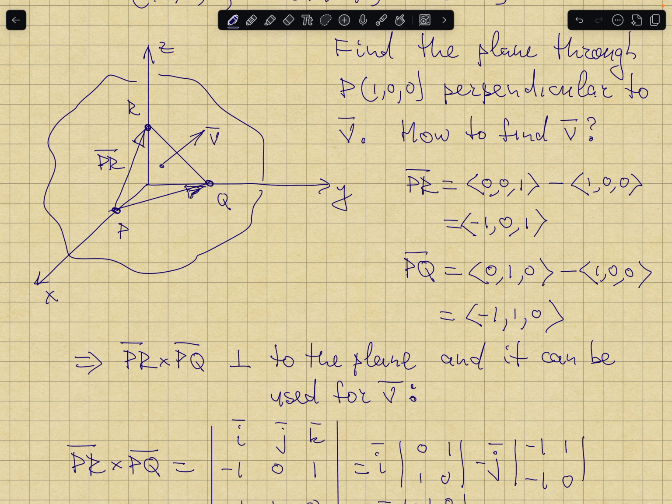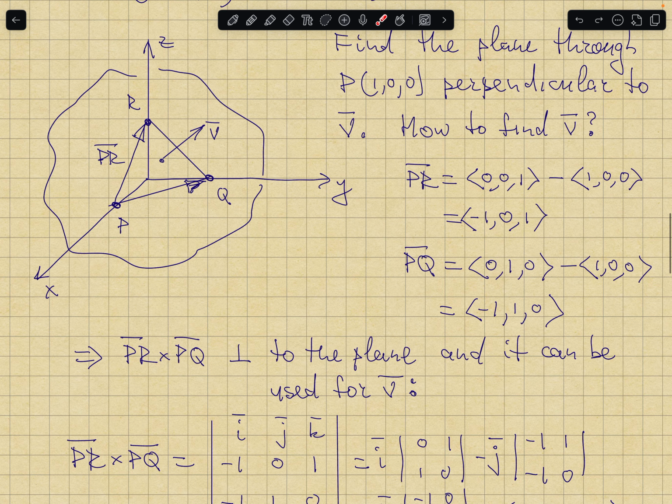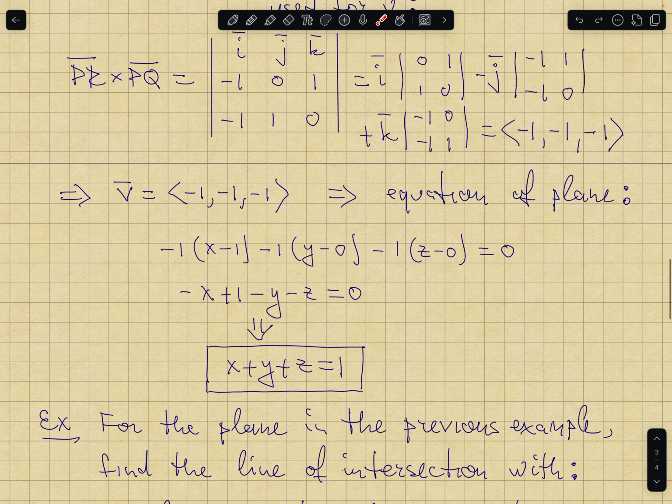So when I look at the line that my plane forms at the intersection with the xy plane, it's this line in the xy plane. If you look at this picture from above, you will see that this line is exactly the line. Let's see, there's something fishy here.